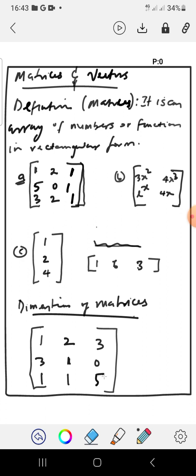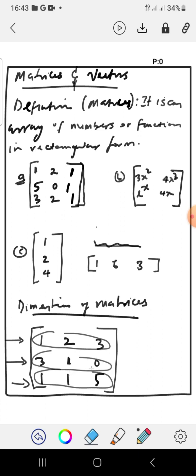You can see that we have this. We call those the rows. They are the horizontally placed numbers. So we have row 1, row 2, and row 3.